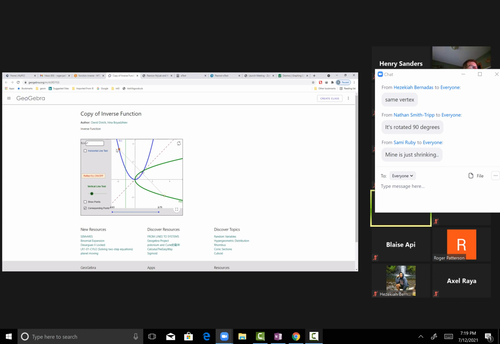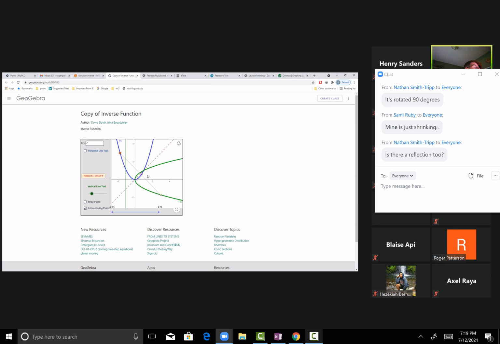It's the opposite. What do you mean it's the opposite? I guess I shouldn't say the opposite, but so this point here, there is a reflection. You're absolutely correct. This point here has a reflection over here.